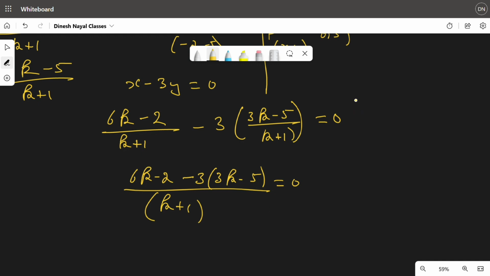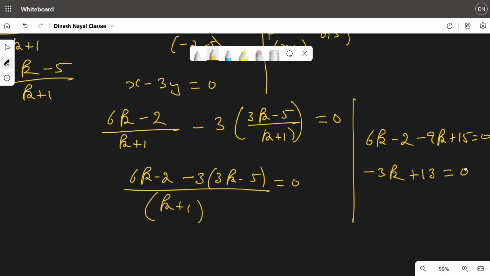Solving this: 6k minus 2 minus 9k plus 15 equals 0. So 6k minus 9k is minus 3k, and minus 2 plus 15 is plus 13, equals 0. So minus 3k equals minus 13, taking 13 to that side. So what will be k? k will be 13 by 3.